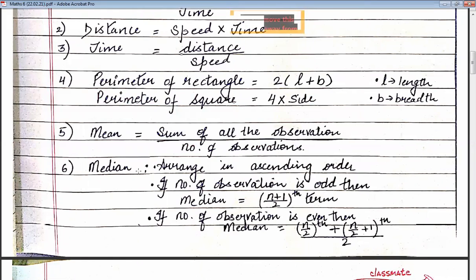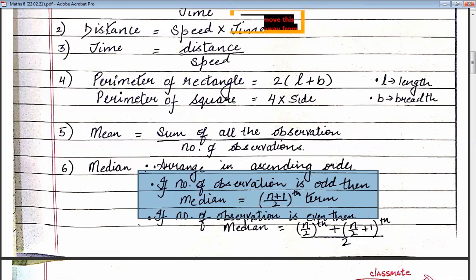Then just find out the number of observations. Now children, be careful in this. If the number which you have counted is odd, then the median will be the (n plus 1) upon 2th term.